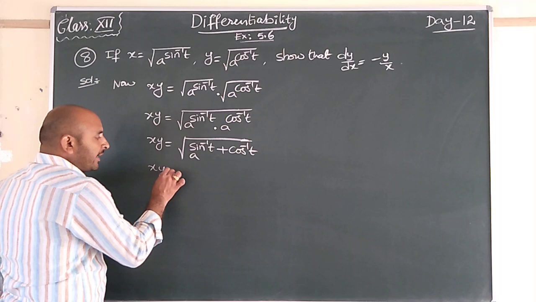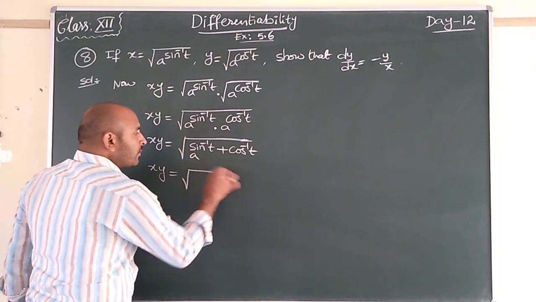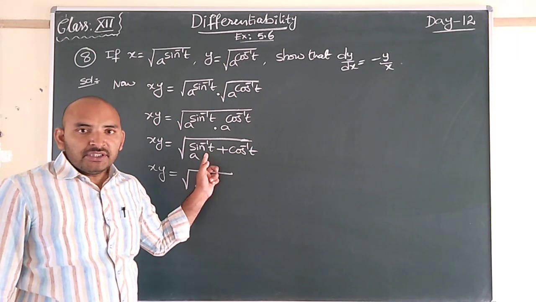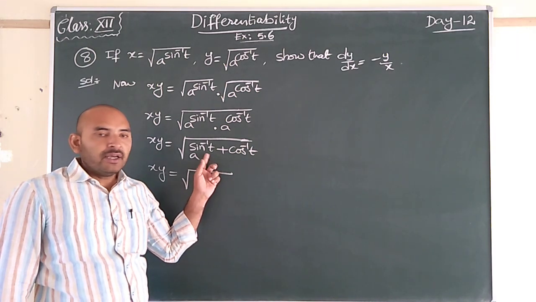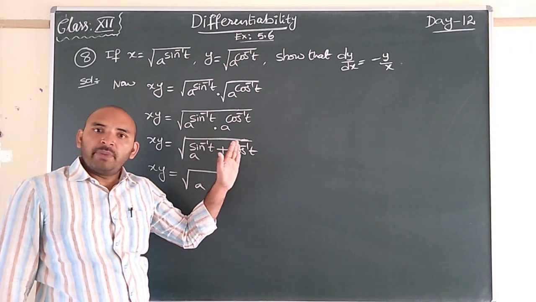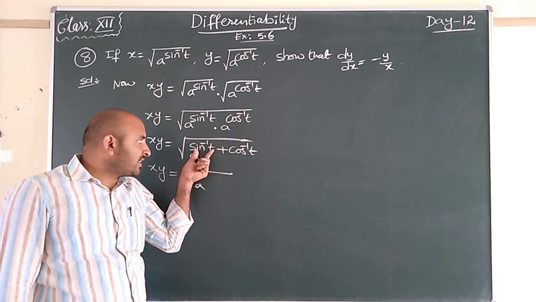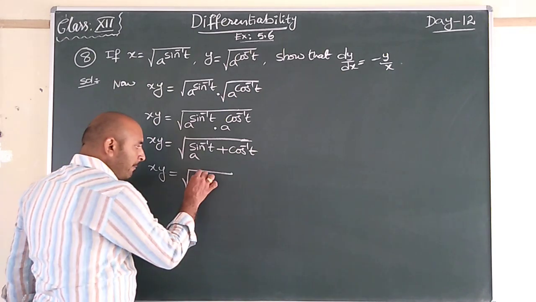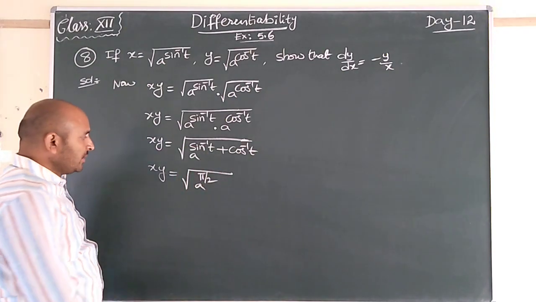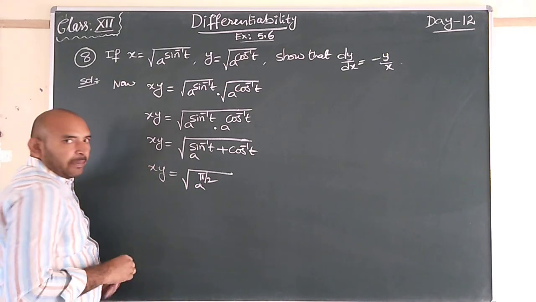According to the standard inverse trigonometric functions formula, sin inverse t plus cos inverse t has the value pi by 2. So xy is equal to root of a power pi by 2.